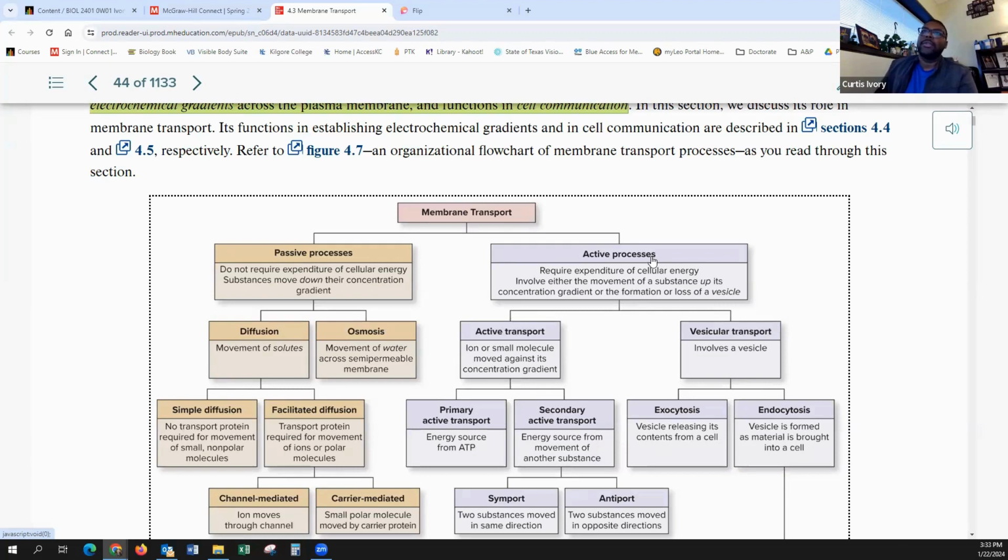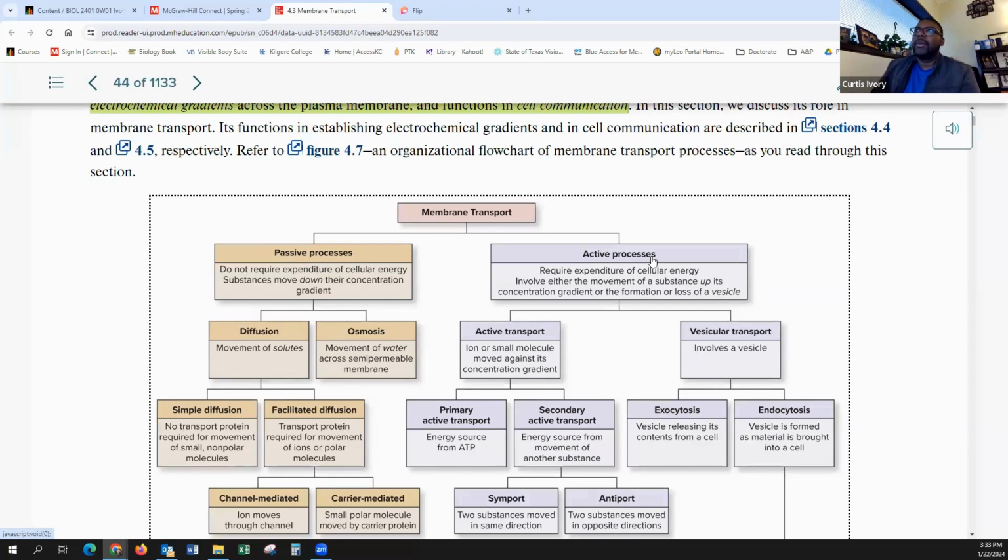So with passive, there's a few different ones. You have what's called diffusion or osmosis. Diffusion is just movement of solutes, and osmosis is movement of water across a semi-permeable membrane. So with diffusion, if I was to take some cologne or perfume and spray it in the corner of a classroom, by the end of the class, you'd be able to smell it all across the classroom.